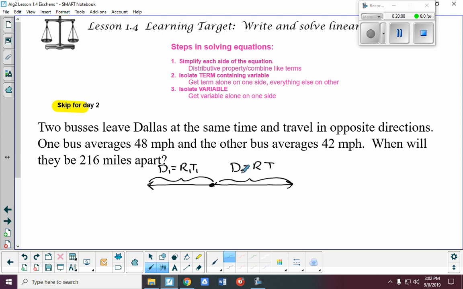We'll call this distance 2, rate 2, and time 2. Now, when we add this distance plus this distance, it is going to equal 216. So the distance the first bus goes will be its rate times time, right here. The distance the second one goes will be its rate times time.